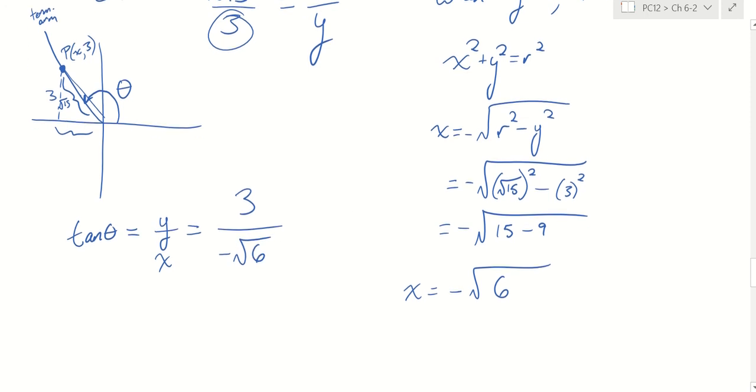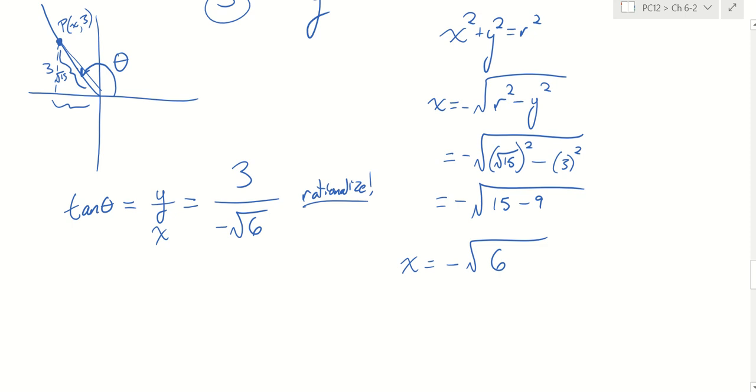You might have a strict math teacher who says, hey, we have a radical in our denominator. You need to rationalize that denominator. So I'll show you how to rationalize this denominator for strict math teachers. If we have 3 over negative root 6, I'll just put the negative out in front. If I want to rationalize this denominator, I can multiply it by itself.